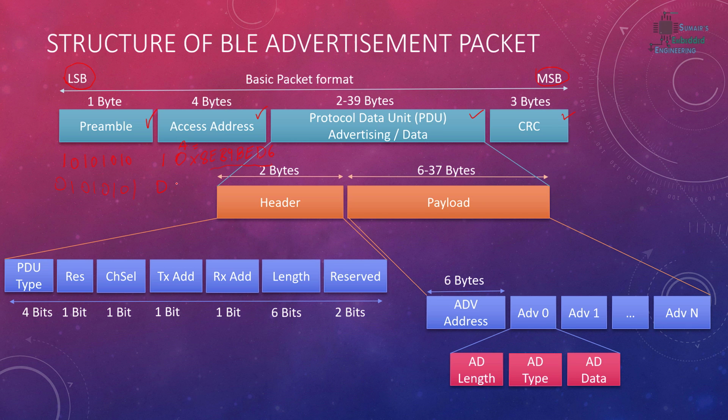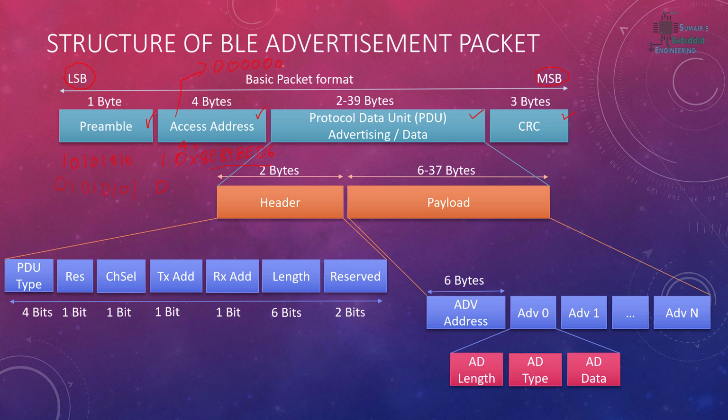And we have some general rules for the access address. If it's a data access address, then it should not contain all the bytes as zeros or as ones, and it cannot contain 6 zeros in a sequence.